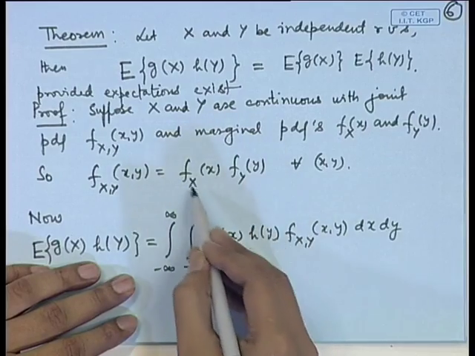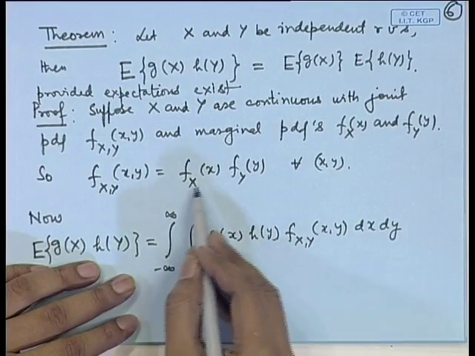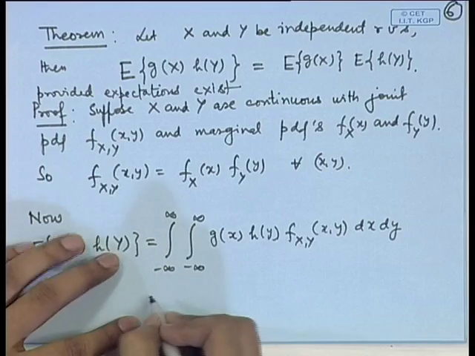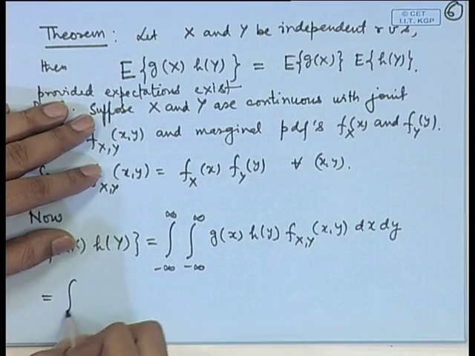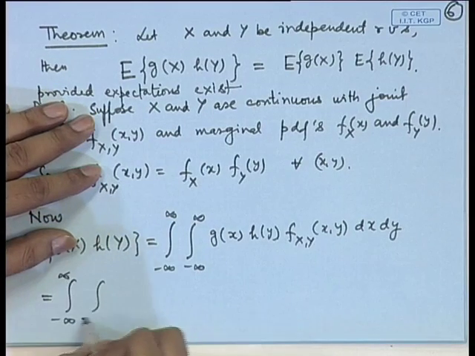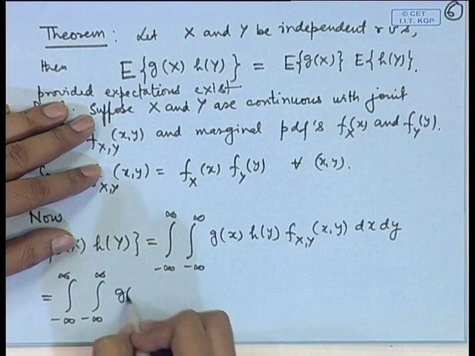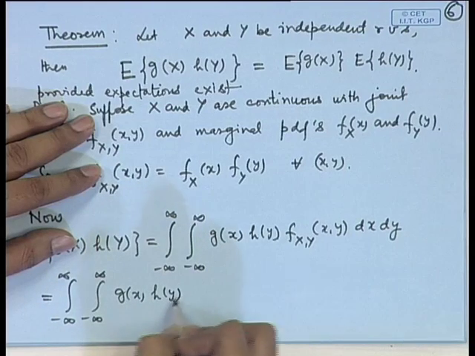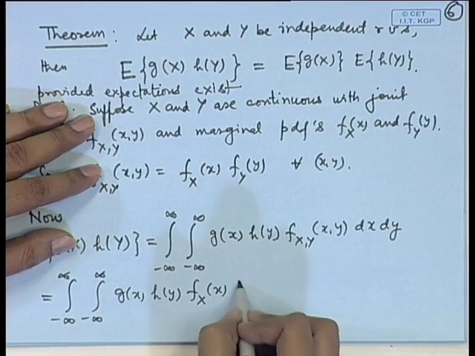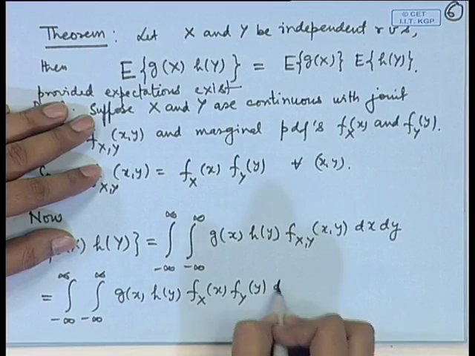Since the random variables are independent, we can make use of the condition of independence. That means, this is equal to the integral of g(x) into h(y) f x into f y dx dy.